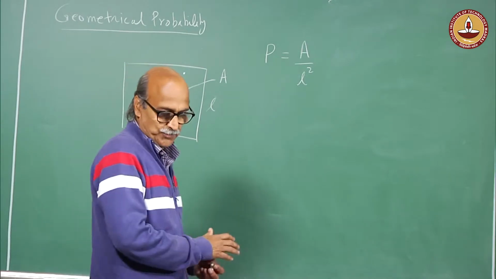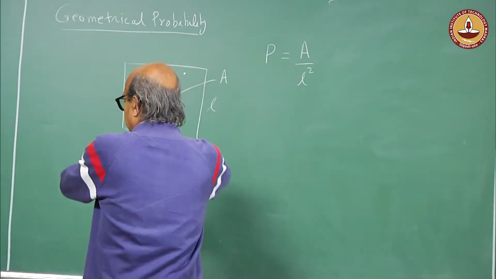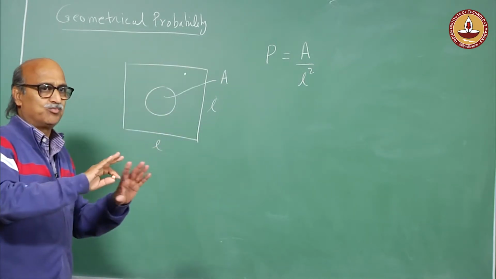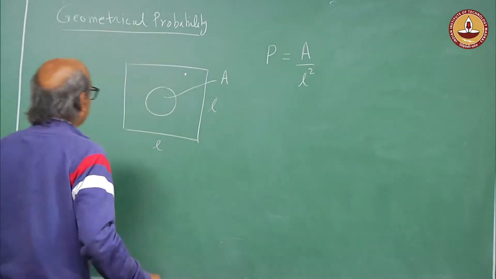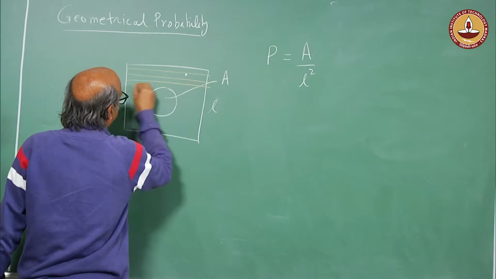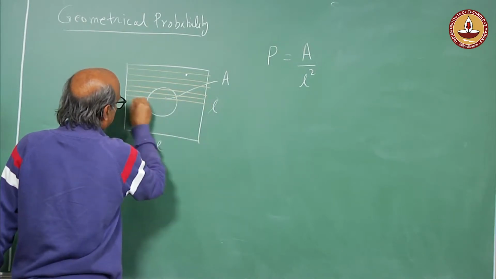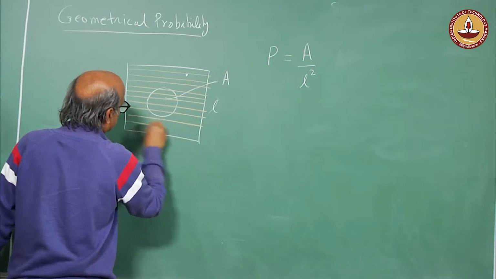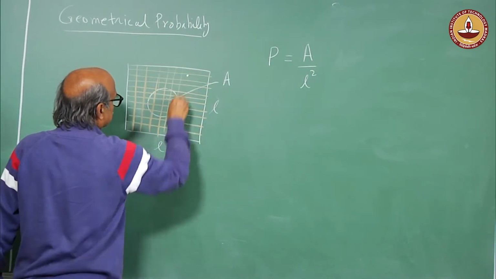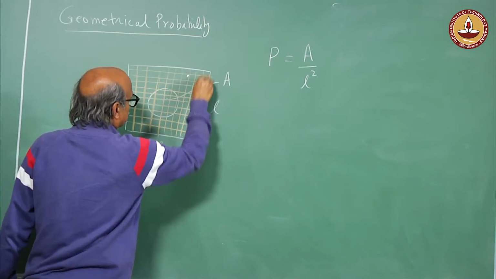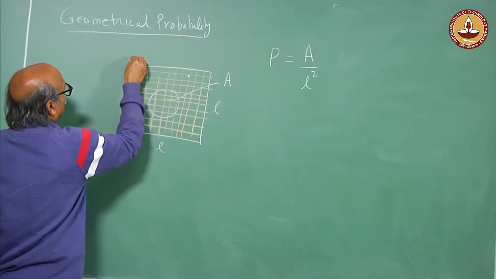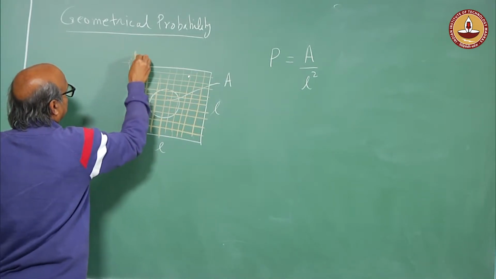So, what we could do is we can divide this two dimensional space into small infinitesimal elements. Okay. So, and each element, let us say, if I look at the dimensions, these are infinitesimal elements.